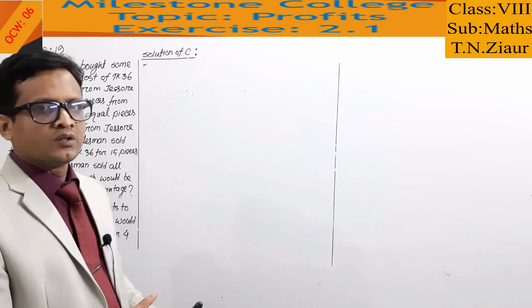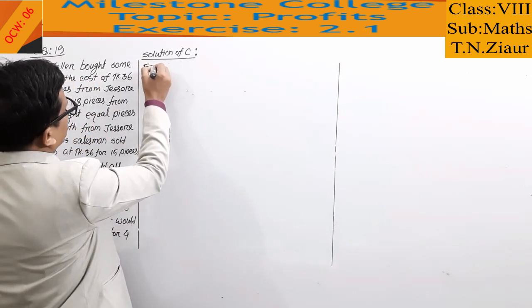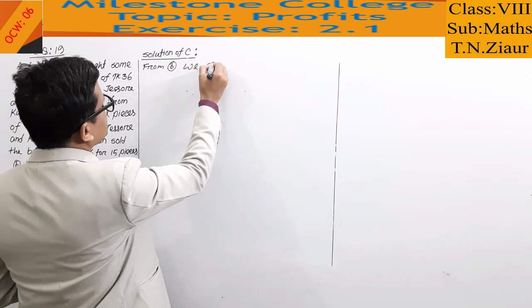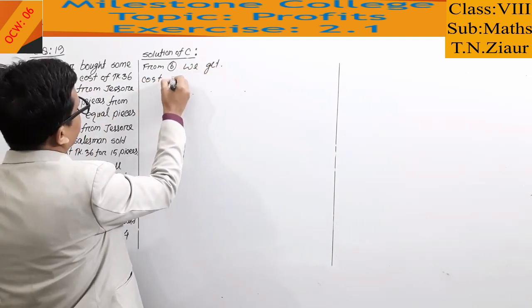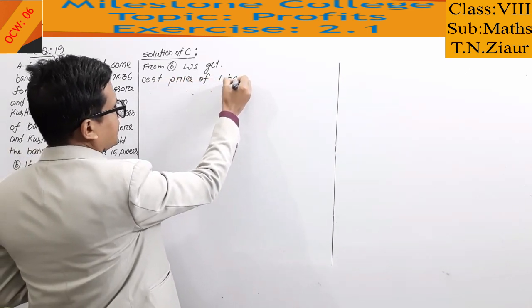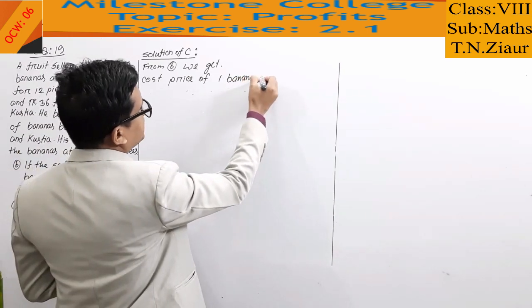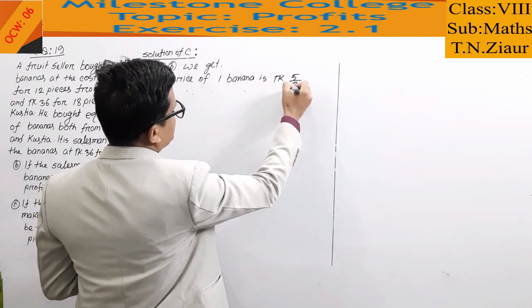So from B we get the cost price of one banana. Cost price of one banana is taka 5 by 2, right?